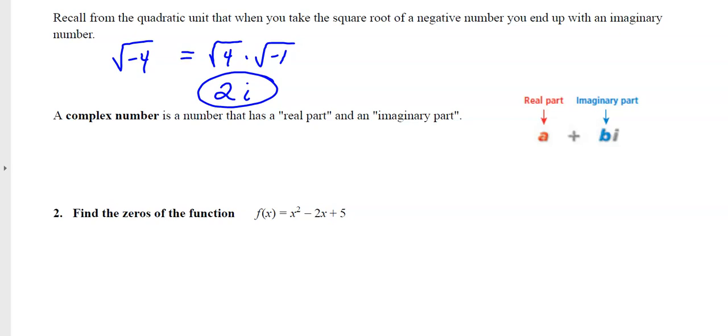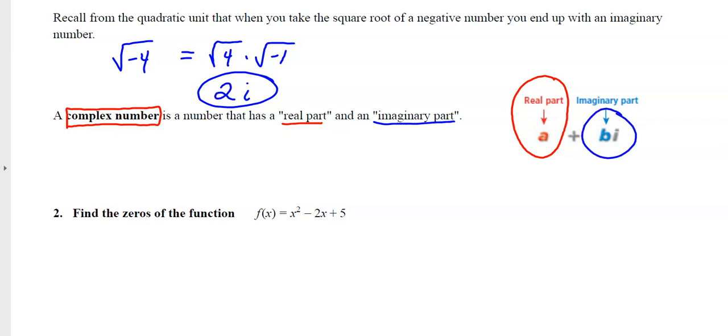Well, a complex number, we didn't really talk about these. A complex number is a number that has a real part. So it has this real piece, but then it also has an imaginary part, an i component there. So an example of that might be something like 4 plus 2i.